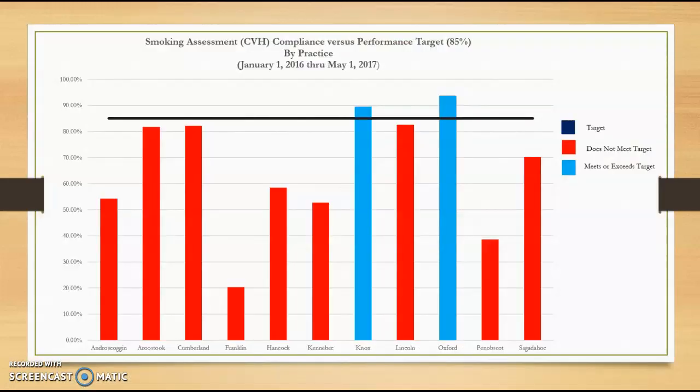This next graph shows the number of patients that have had a smoking assessment completed during an office encounter. Only 2 have exceeded their 85% target rate. There are 3 practices that are close to reaching that target, about 80%. The remainder have a lot of opportunity for improvement, like Franklin and Penobscot.